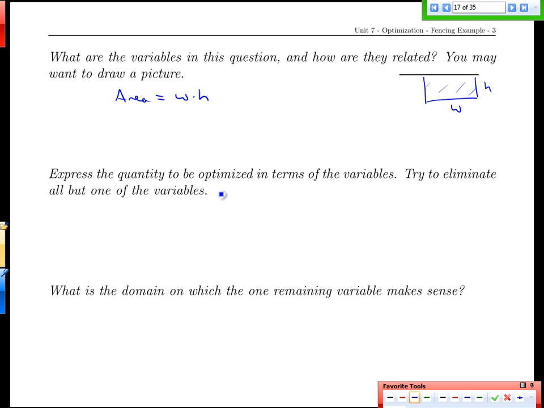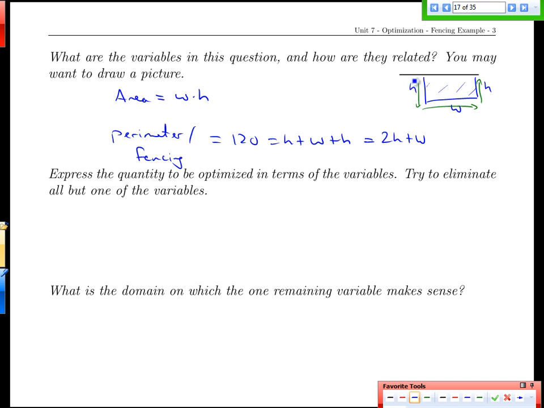And the other thing we're trying to keep constant is the perimeter, or the fencing more precisely, is going to be 120 meters, and that 120 meters is going to be made up of these three segments. So it's going to be made up of an H plus a W plus another H, or 2H plus W.